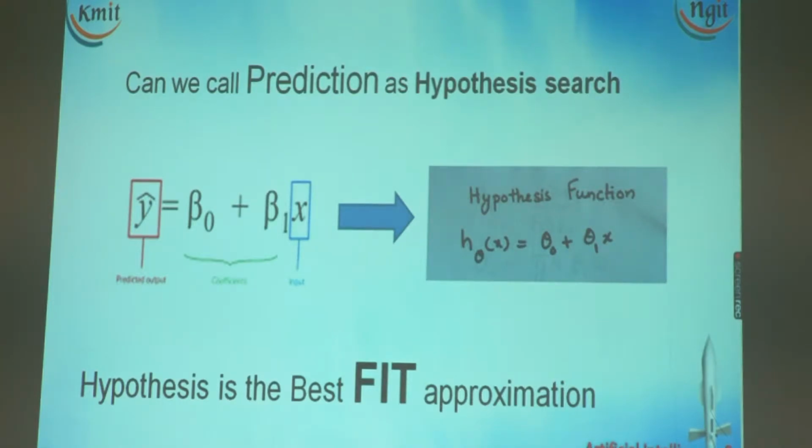Can a hypothesis create a best fit? Yes. We have taken some straight line equation or some equation such that this hypothesis can create a best fit. When you fit the line, it always improves the accuracy.